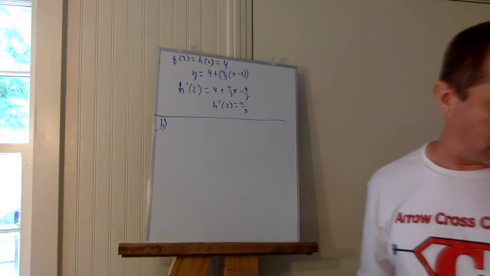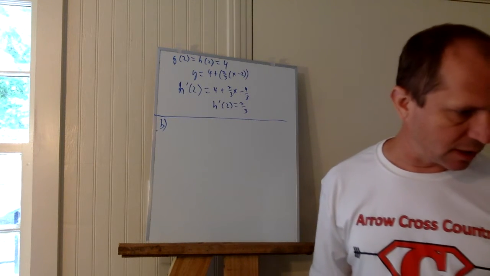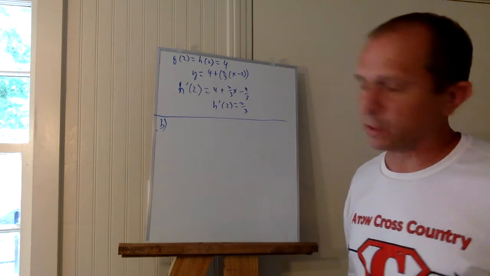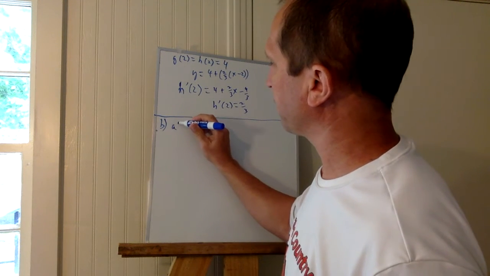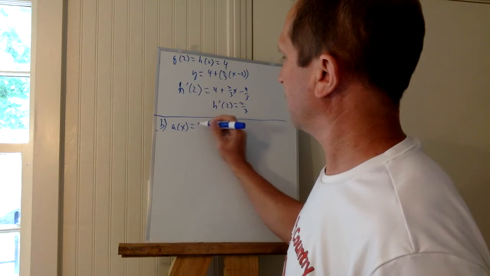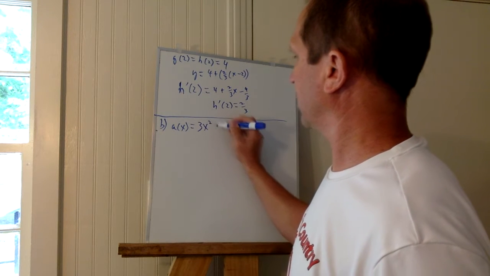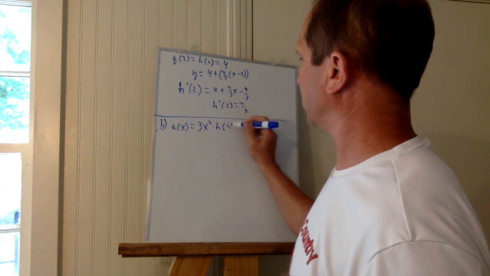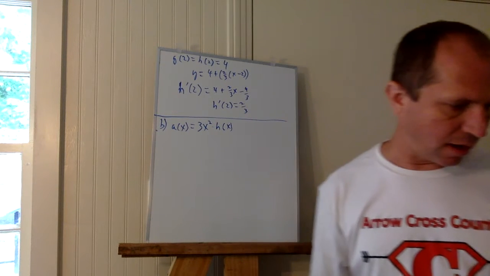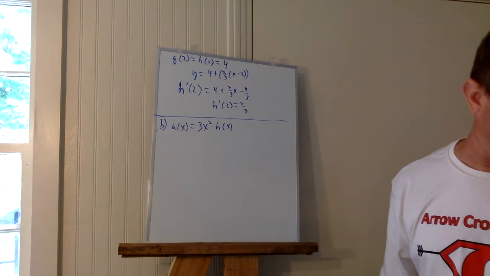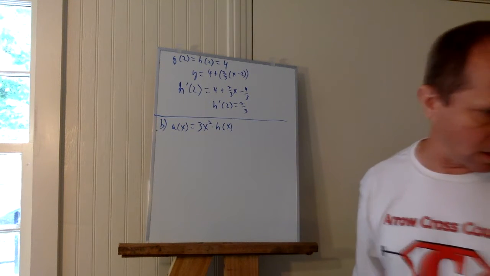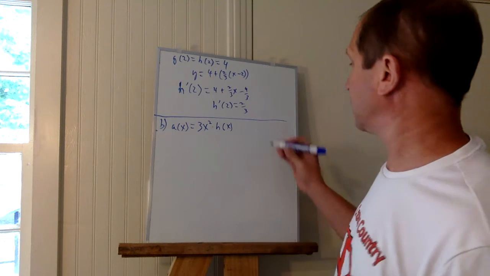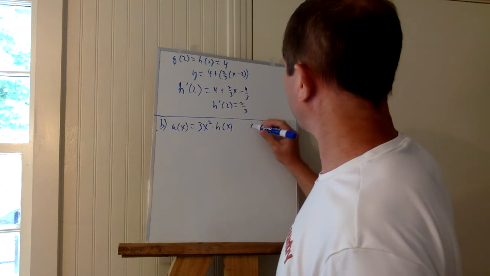Part B is a little bit more involved. It says that a of x is equal to 3x squared times h of x. From that, we need to take the derivative because it wants to know what a prime of x is and what a prime of 2 is.